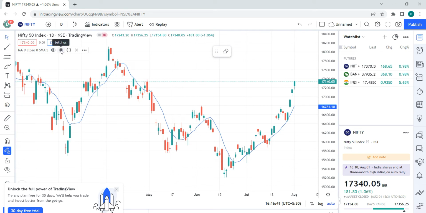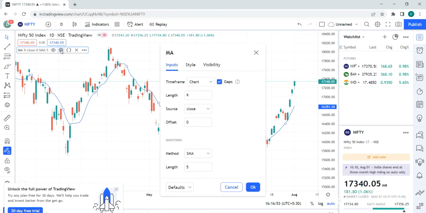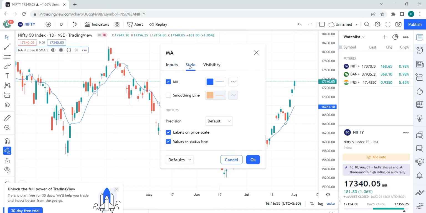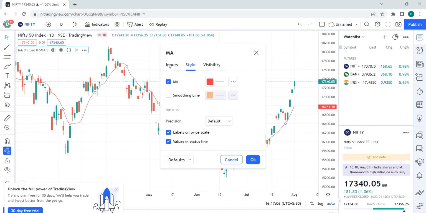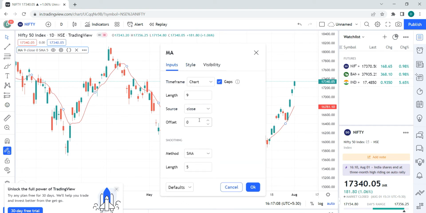Whenever you plot moving averages, it gives you a default setting, so you will always have to change your settings according to your trading strategies. First go to Styles and change the color of the line, and when you come to Inputs, don't change anything other than the length.